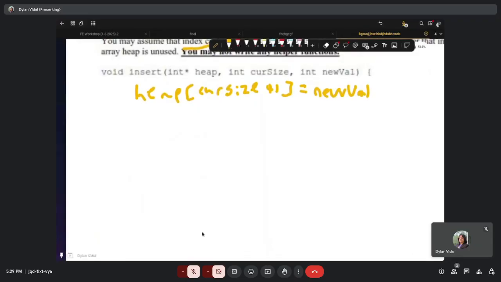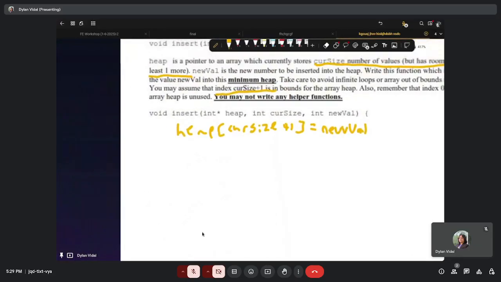So now you just have to make that logic of going up from where you are currently, and then ending when your parent is no longer bigger than you, because it's a minimum heap. As long as your parent is larger than you, you swap, because the smallest element has to swap and go up to the top. Okay, so we could write a while loop.